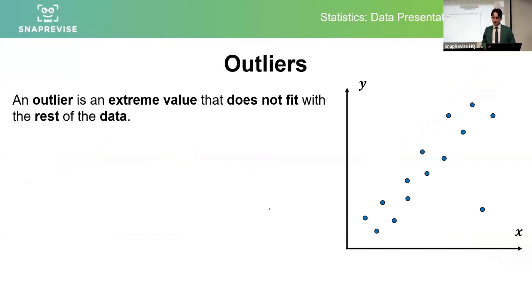For outliers, this is important as well, a really clear definition here. An outlier is an extreme value that does not fit the rest of the data. So we can see one on here, but the thing that people do wrong, and I really want to stress this, is an outlier and an anomaly are different things.